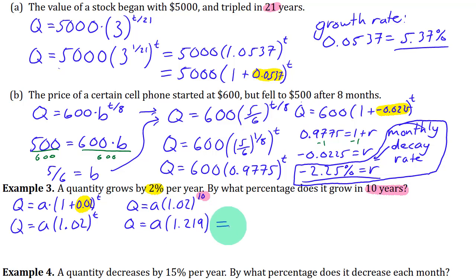Now remember, thinking about the way we thought about this kind of thing in 6.2, this is the same thing as a times 1 plus 0.219, which is a plus 0.219 times a. That 9 looks like an a. There we go. That's a 9. So this is whatever a was before plus 21.9% of a.